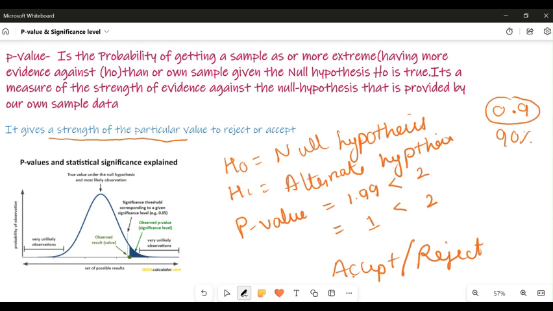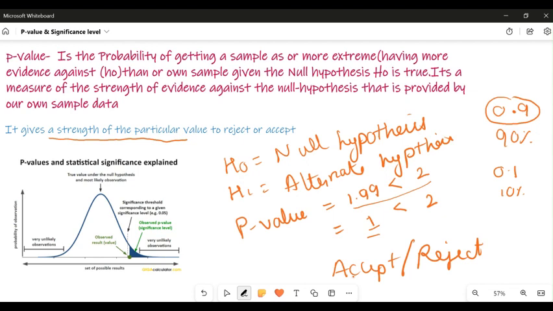For example, in my first condition, the probability value to accept the null hypothesis is around 0.1. So we say that only 10 percent you have the evidence to accept the null hypothesis. But my second condition has almost 90 percent. So the strength is different.